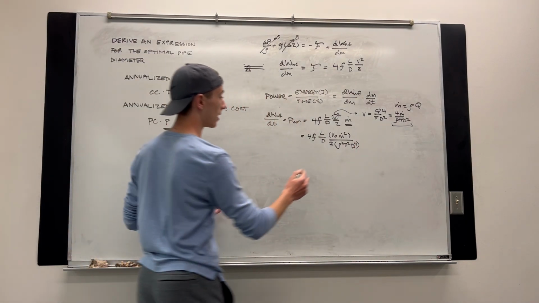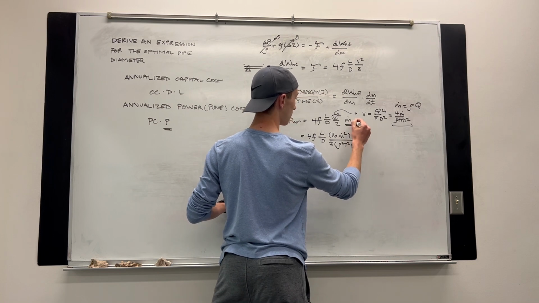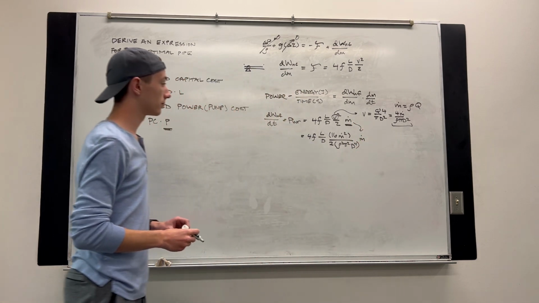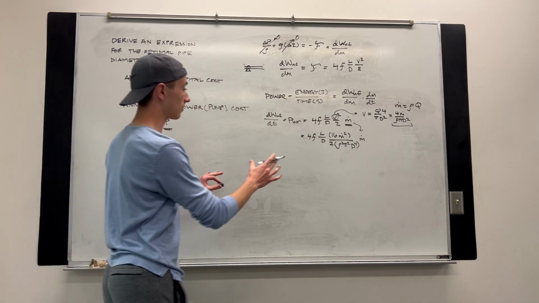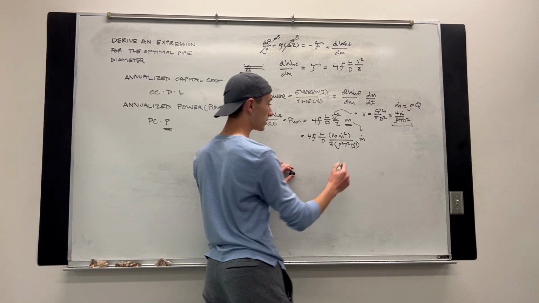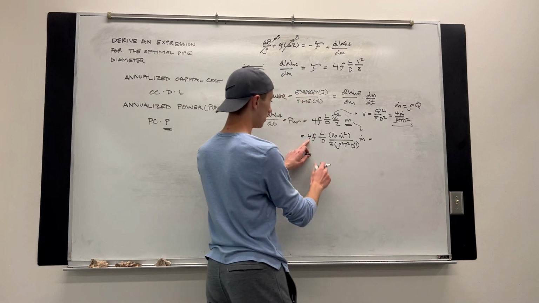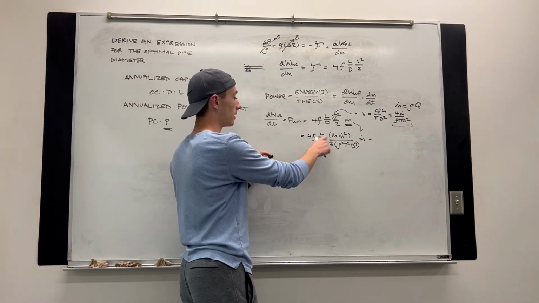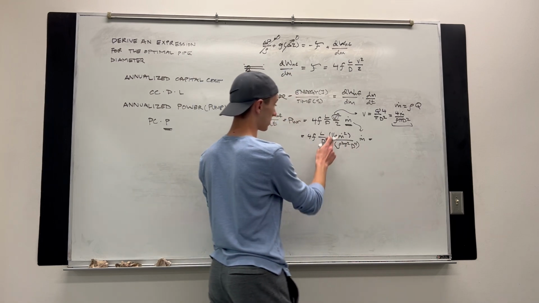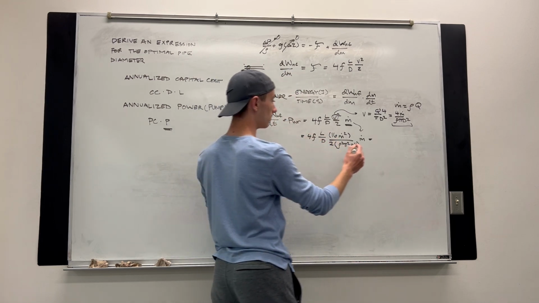Can't forget this guy, drop it down there. Let's combine these terms. We get 4 times 16 divided by 2, which is 32: 16 over 2 is 8, times 4 is 32.